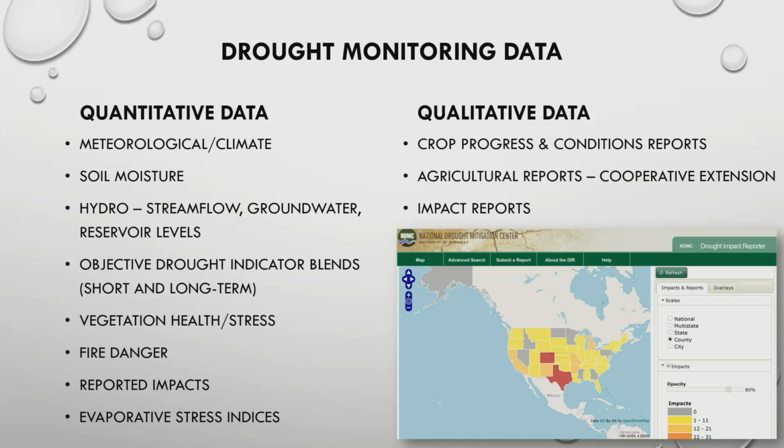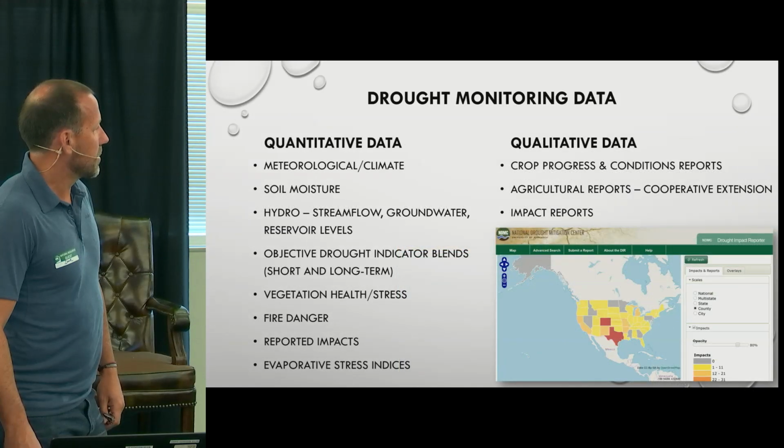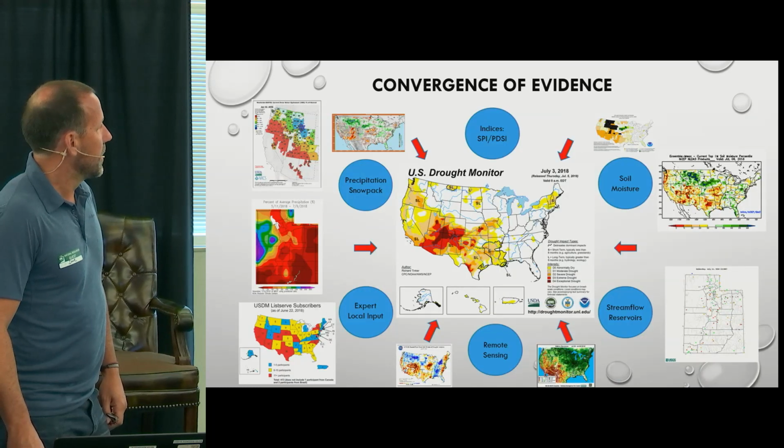And then on the qualitative end, we're looking at crop progress and conditions reports. Those are put out by NASS, the USDA, agricultural reports, impact reports, and you can see on the bottom left that picture, that's from the National Drought Mitigation Center. That's our impact reporter, and we like to look at reports that are coming in through there.